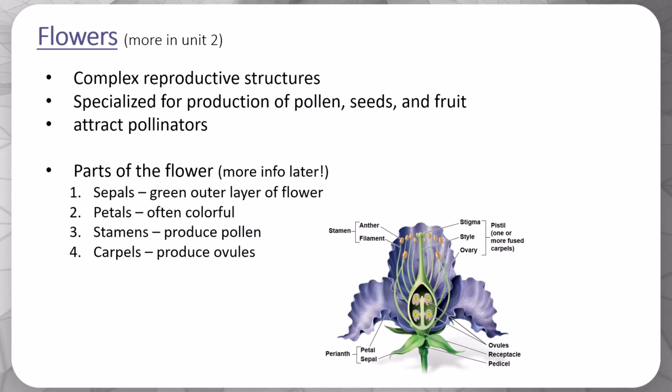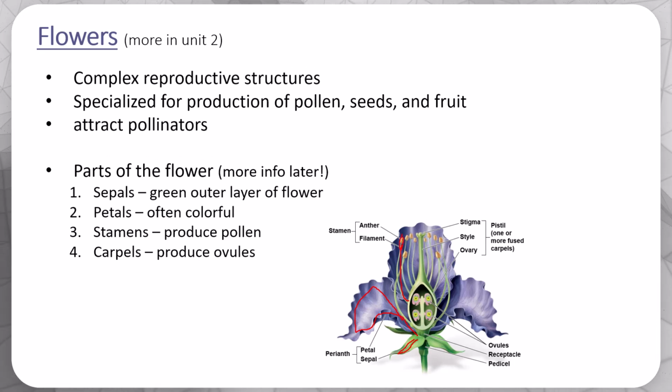So from a typical or idealized flower, there's this outer whorl, which is the sepals, and then the next layer or whorl in is the petals, and then there are the stamen, which produce the pollen, and those are the male parts of the flower.